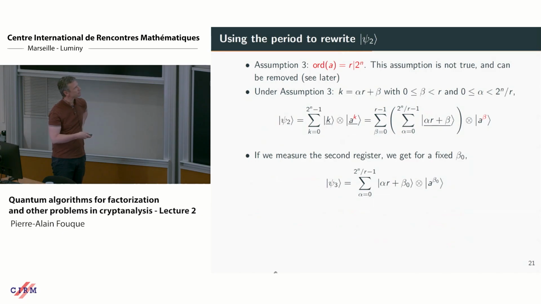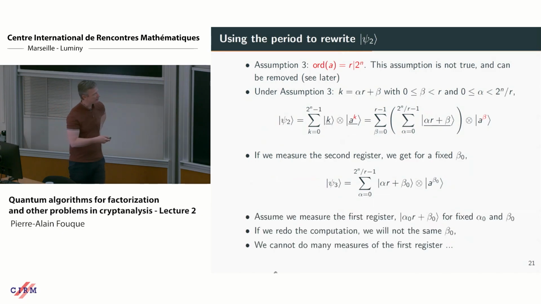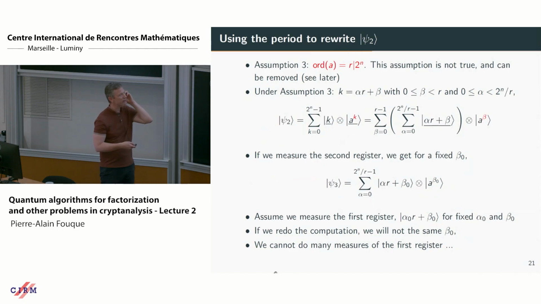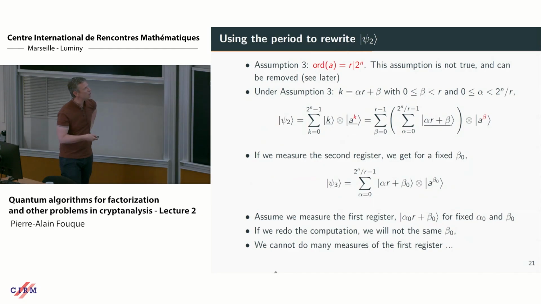Now let me explain why we cannot just observe the output. If we observe the output of the first register, all the outputs will have exactly the same probability, and so we will have the same probability to observe any of these states.